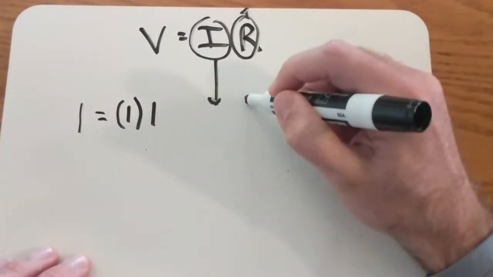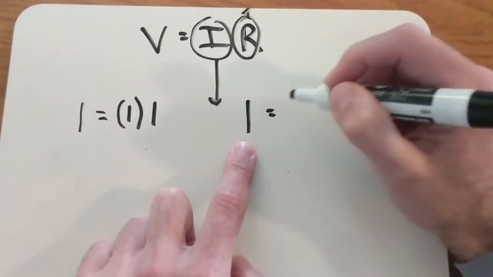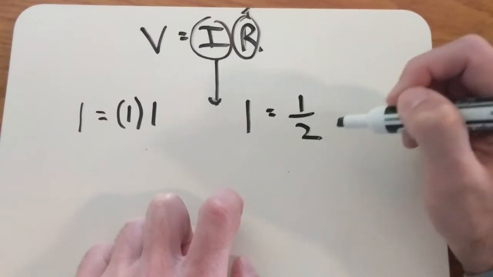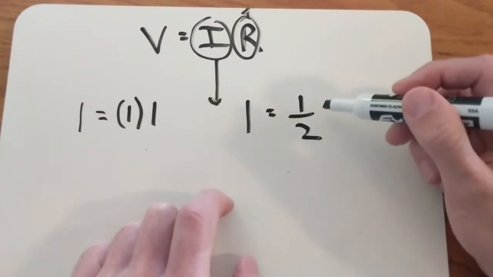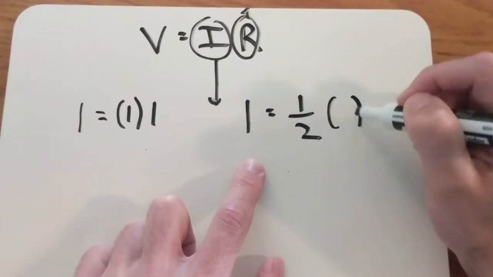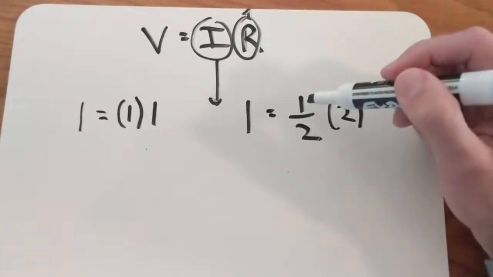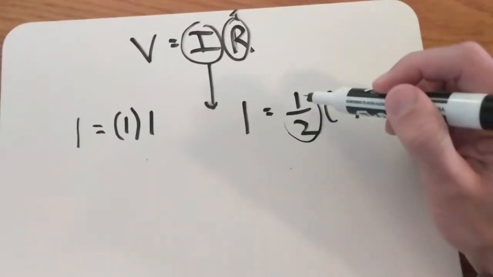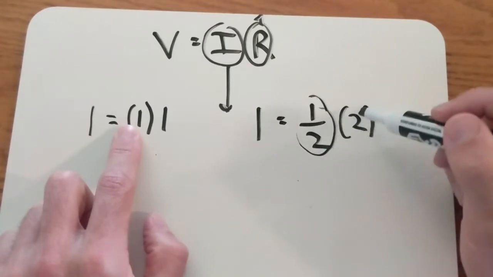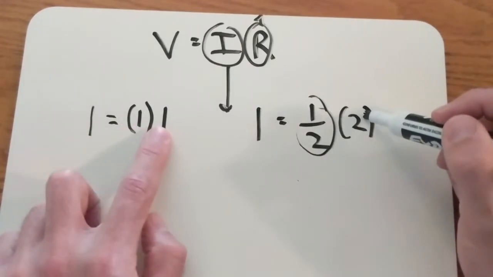Well, what if we kept that same 1 volt battery, but we had to get the current down to a half? Because we know that the current decreases. Well, what would the resistance have to be? Clearly it would have to be 2. So now we can see that for the current to go down from 1 to 1/2, the resistance had to go up from 1 to 2.